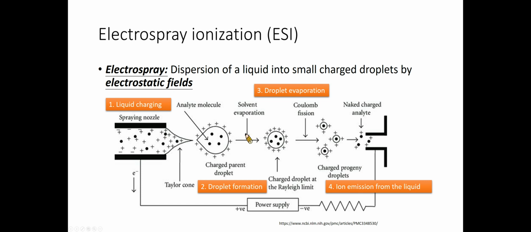Next, let's look into the underlying mechanisms of electrospray ionization, including four critical steps: liquid charging, droplet formation, droplet evaporation, and ion emission from the liquid.